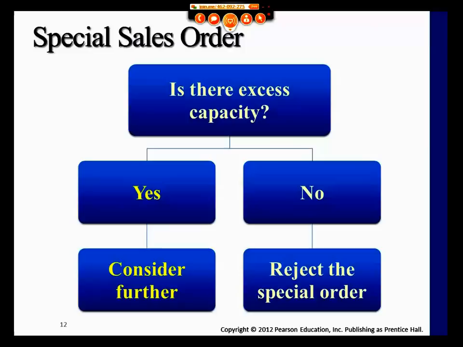Are they going to go with the regular sales price, or what would they do if the business is going to its capacity? It wouldn't make sense, right? It would not make sense to me to fill that special order at a reduced sales price. So they will reject the special order.